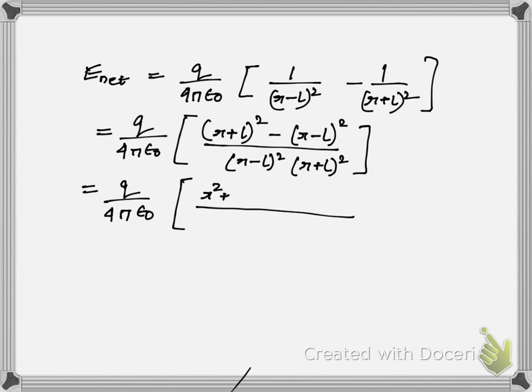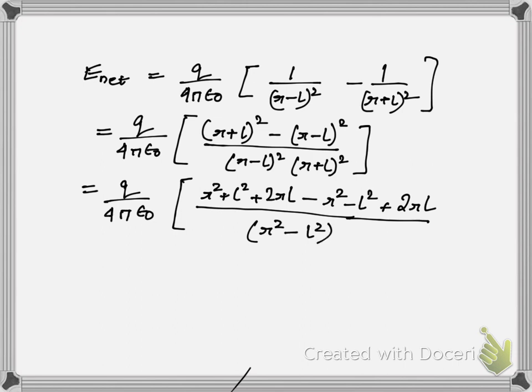This will be R square plus L square plus 2RL minus R square minus L square plus 2RL, and in the denominator it is R minus L into R plus L, that is R square minus L square. Now both the terms are raised to the power 2, so R square minus L square will also be raised to the power 2.